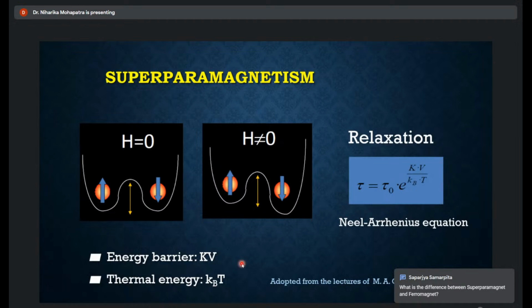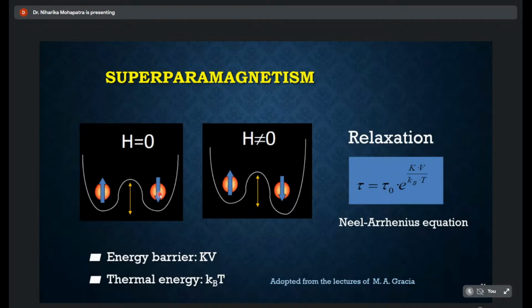So what happens? This can orient either in the up direction or in the down direction, and for both directions, the energy is the same. You can see this minima. This is one minima corresponding to the down direction. This is another minima corresponding to the up direction. So they don't have any difference in energy, and they can lie either up or down. That's why there is random spin flip.